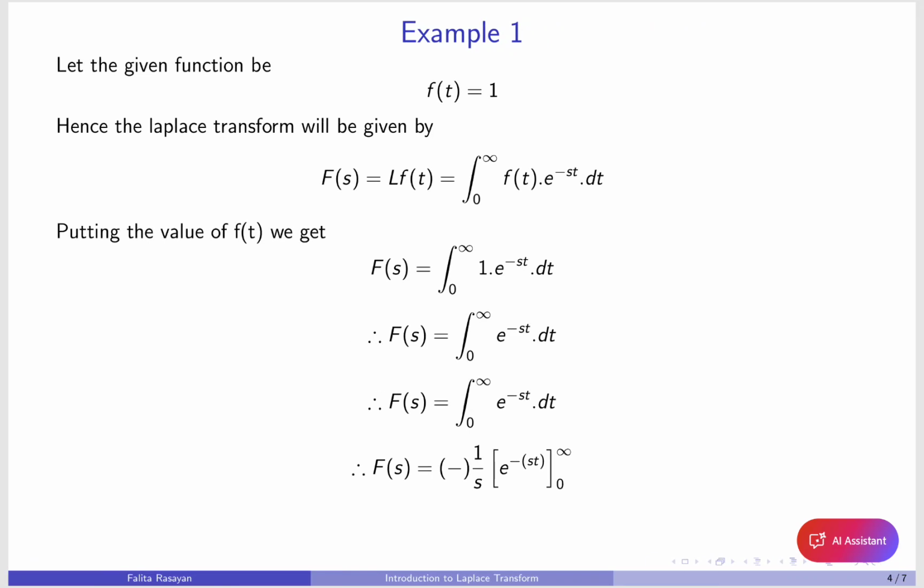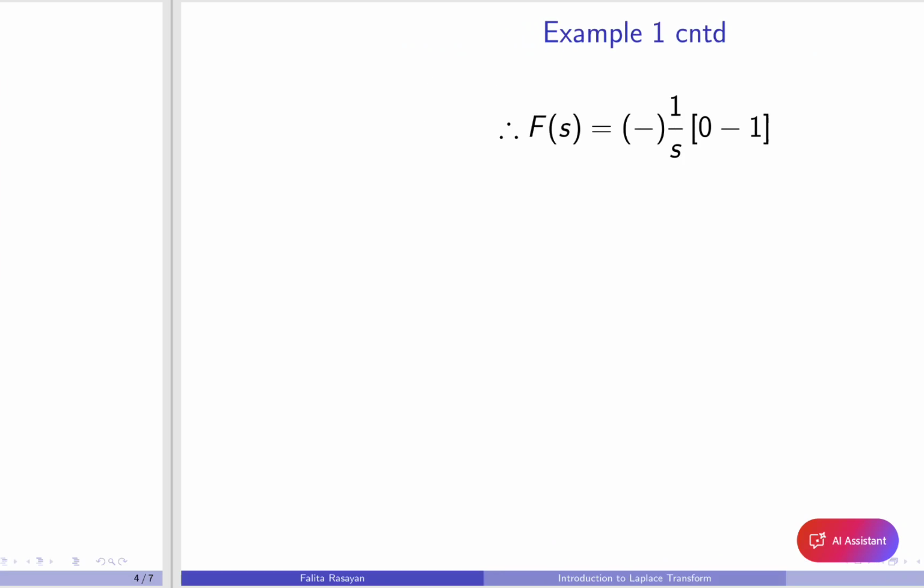Moving forward, if we integrate it, we will get minus 1 by s e to the power minus st, the lower limit being 0 and the upper limit being infinity. Now putting the upper limit and lower limit, we have minus 1 by s times e to the power minus infinity minus e to the power 0.